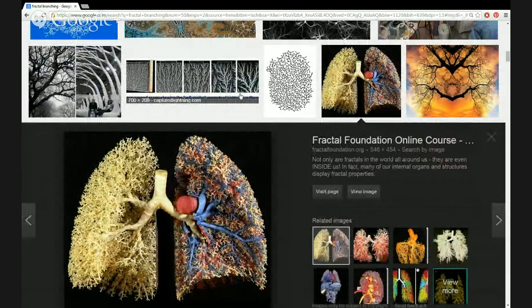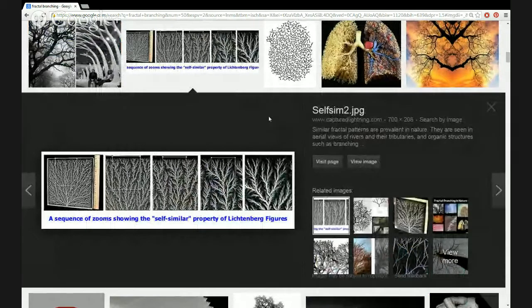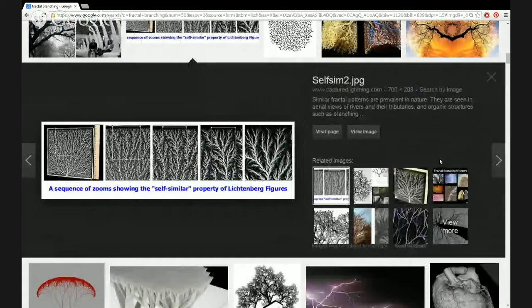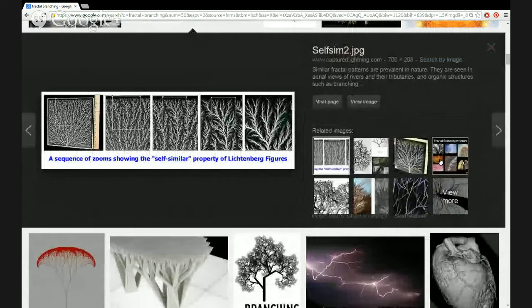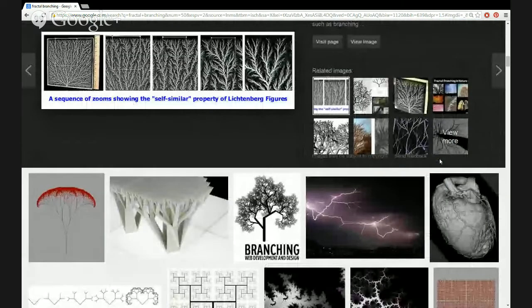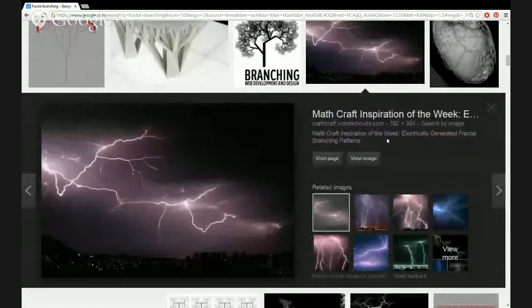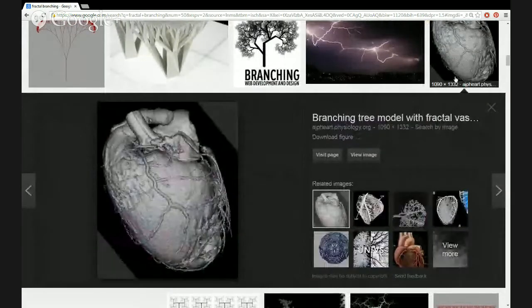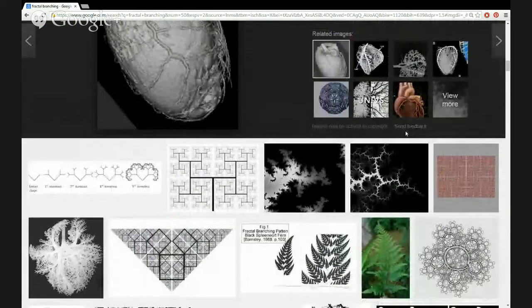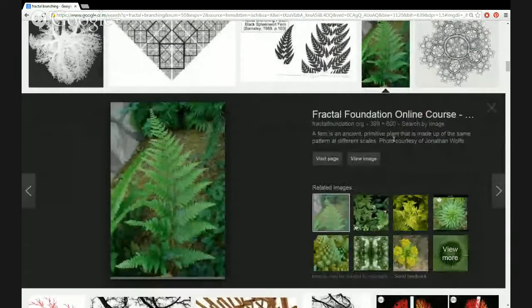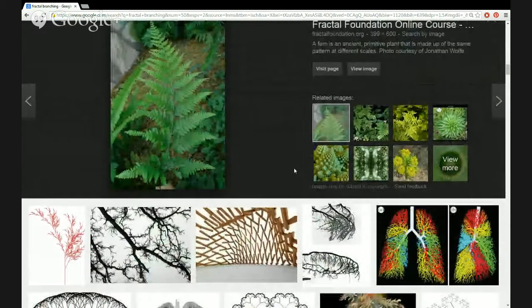So some other nature, I don't know if these are rivers or plants. And do I care? Because I see the similarities in mathematical patterns. The heart, the lightning, lungs, plants. We see similar things in different objects. We see that similar pattern.